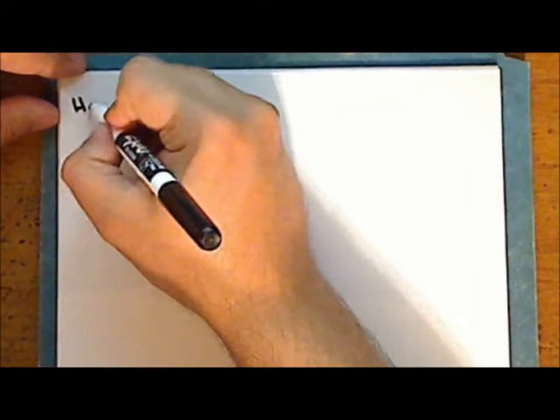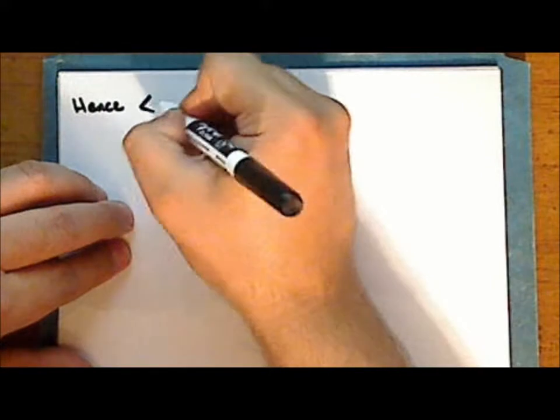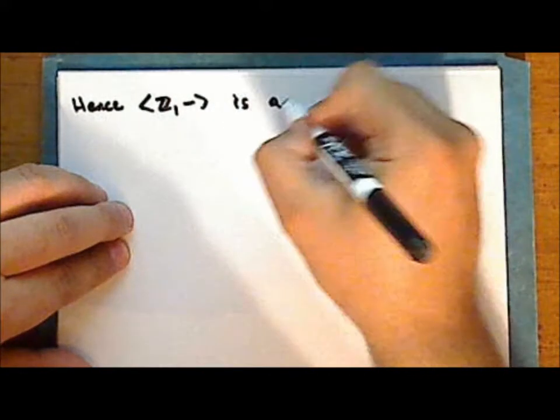And hence the structure consisting of the integers under subtraction is a quasigroup.